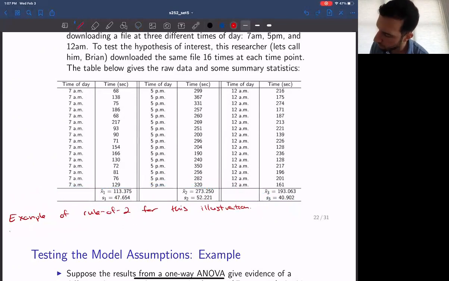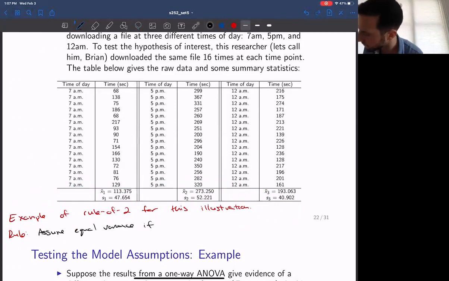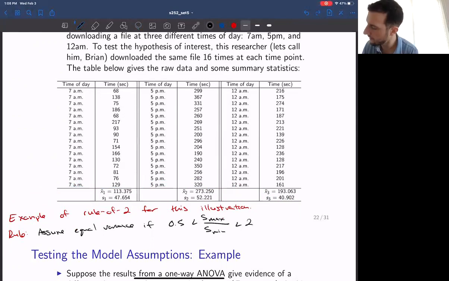The rule is: assume equal variance if 0.5 is less than s max divided by s min, which is less than 2.